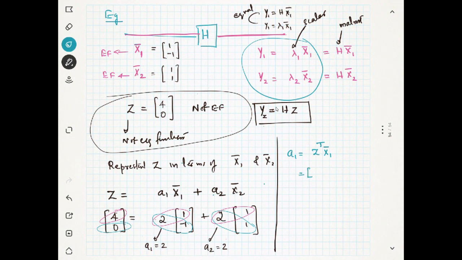That means you have 4 0, because it is the transpose, and x1 is 1 minus 1. After that, you divide it by the dimension. What is the dimension here? It is 2 cross 1, so divided by 2.